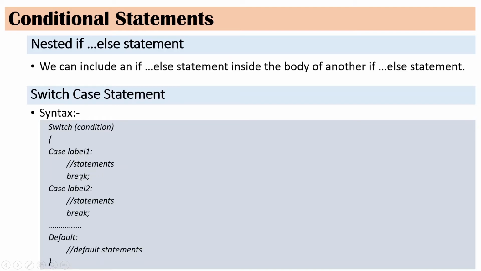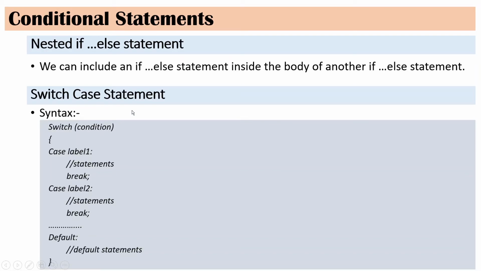Then break will skip the remaining statements from execution. I'll explain how break really works in the next video, but here I'm not going to explain it in detail. Then case label 2, the next case, and if this case evaluates to true, then this statement will be executed. Otherwise, this will be executed.